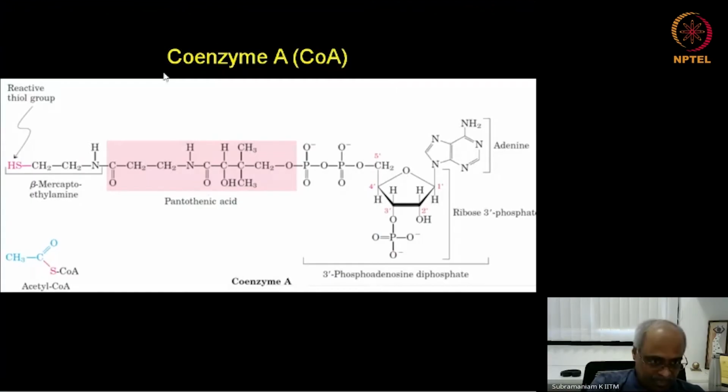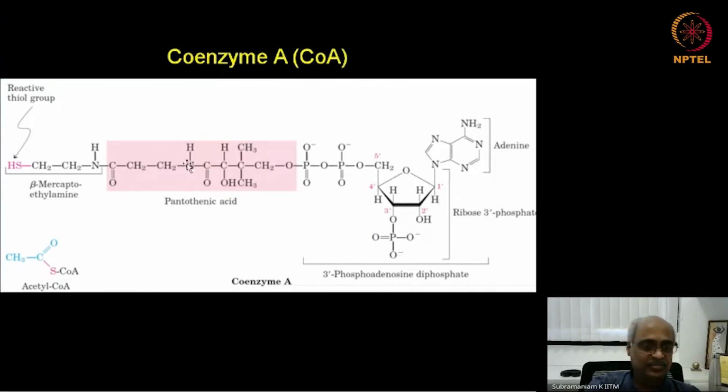So the pantothenic acid we are seeing here is part of coenzyme A. This coenzyme is the cofactor participating in the pyruvate dehydrogenase. It contains a familiar nucleotide here, adenine to ribose, and the only difference is a 3' phosphate and then a 5' diphosphate.